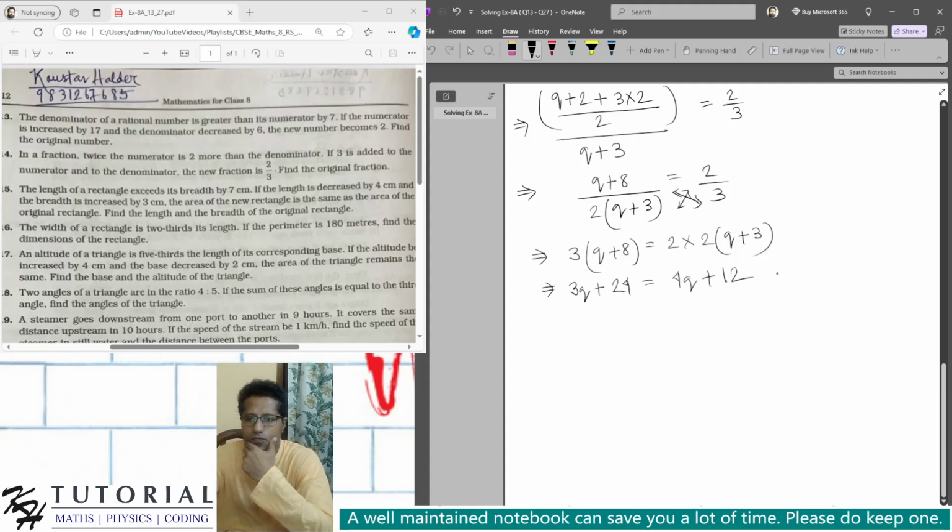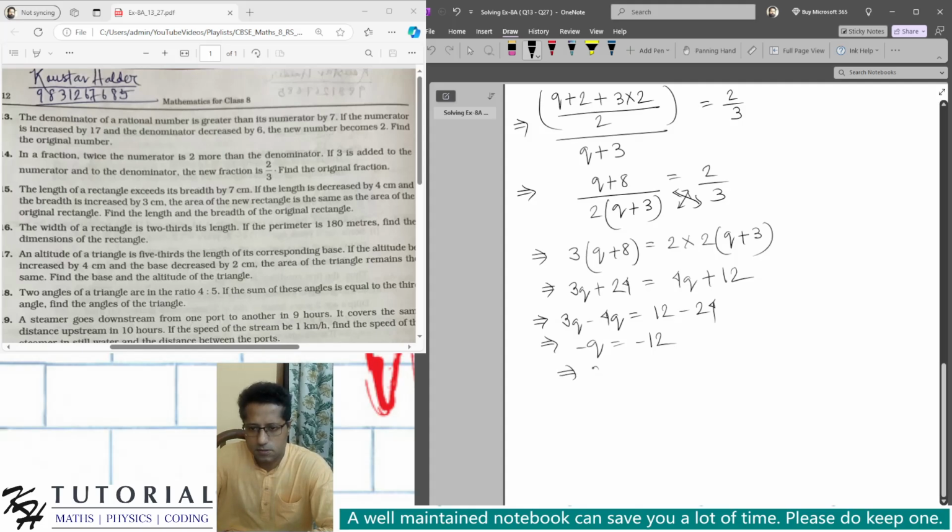Now bringing all the q terms to the left hand side and all the constants to the right hand side, we get 3q minus 4q is equal to 12 minus 24. This implies minus q is equal to minus 12. This implies q is equal to 12.